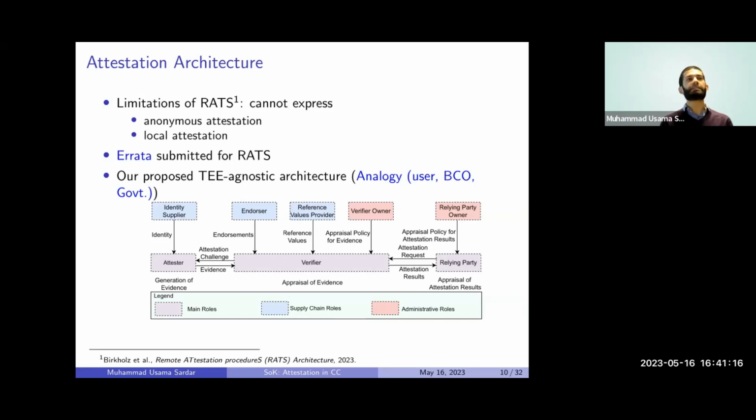They can check whether it is a valid fingerprint or not. This is the analogy to understand what's going on inside this process. The fingerprints represent the hash of the code, and the verifier can check that whatever the attester is presenting as evidence, in the form of a passport or the fingerprints, matches what he has from the database as reference values and the appraisal policy, given by the government or the verifier owner, and that it follows all the policies.